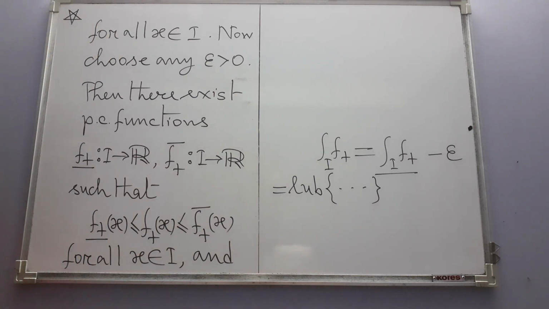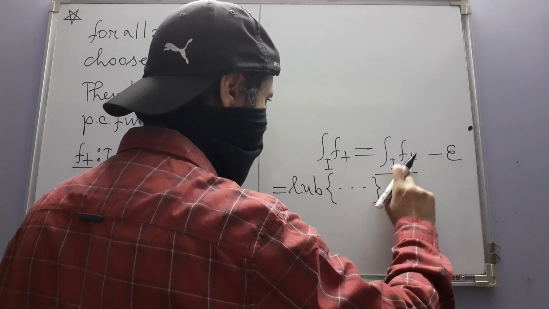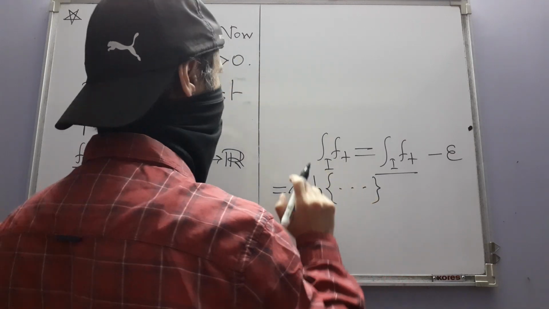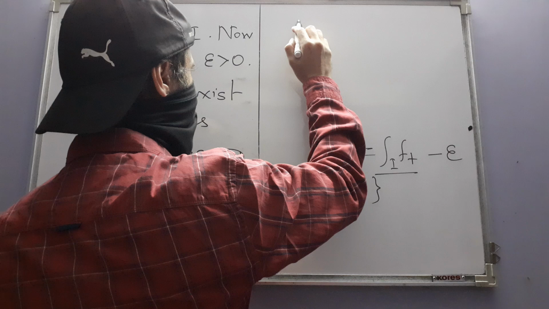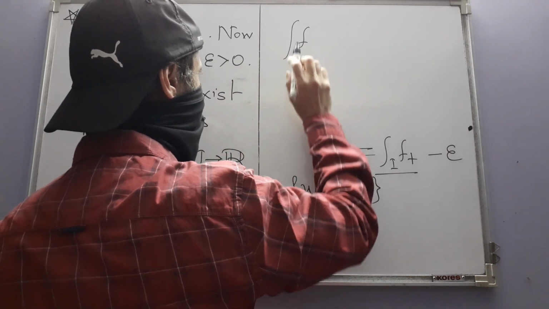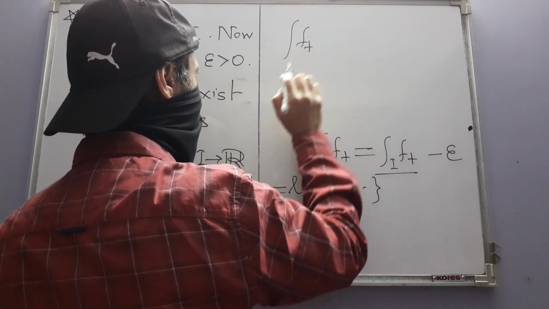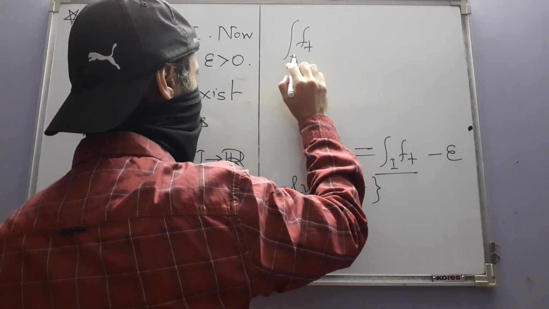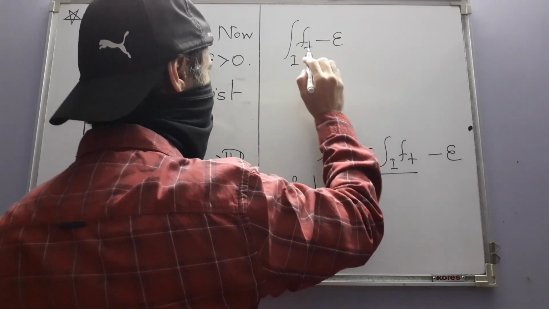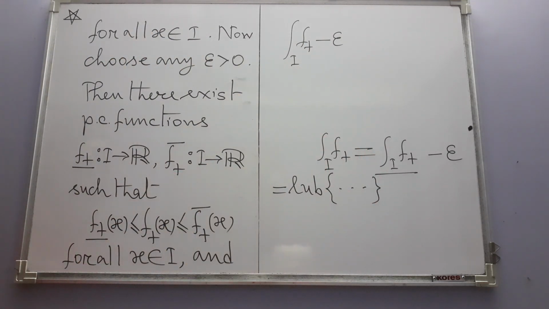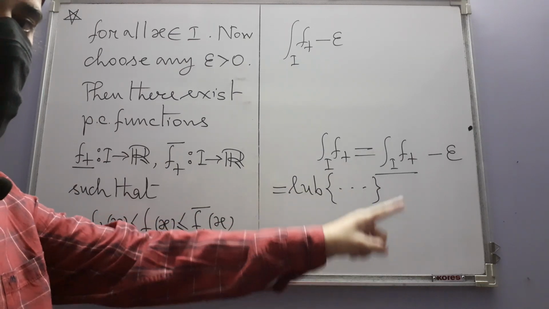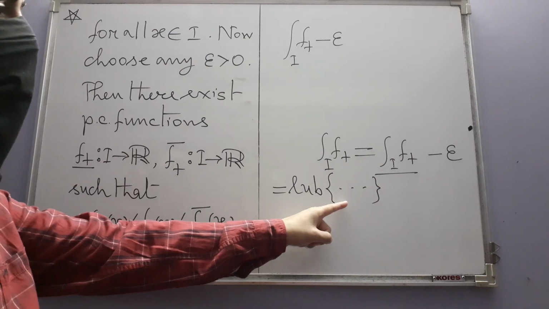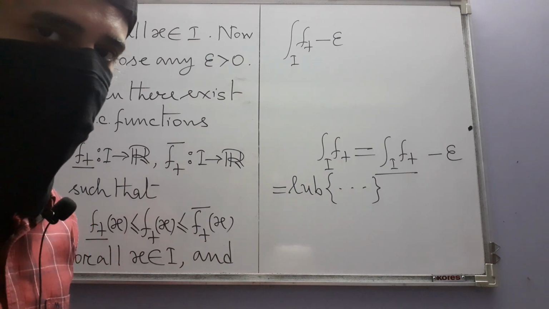It is no longer an upper bound of that set where the elements are integrals of minorizing functions.